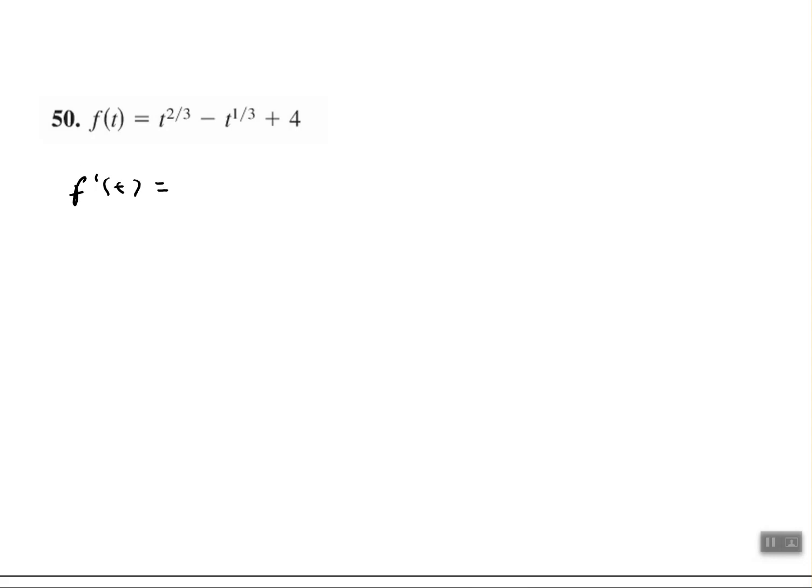All right, so t to the 2/3, that will give us 2/3 times t, and then we have to subtract 3/3, so that will give us negative 1/3. Minus 1/3 t. Again, subtract 3/3. That will give us negative 2/3.